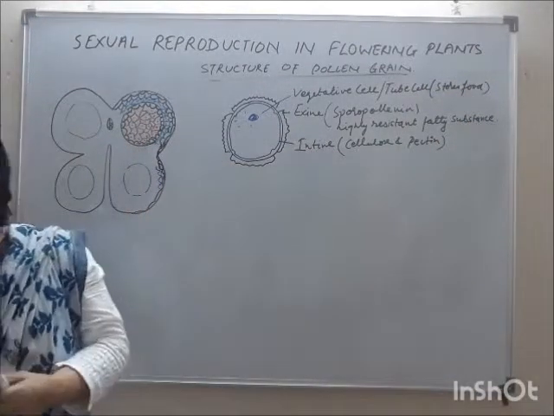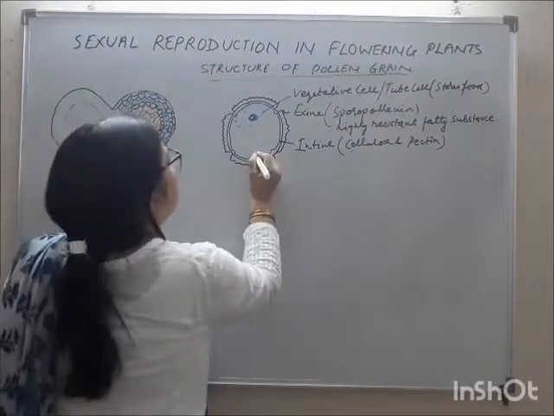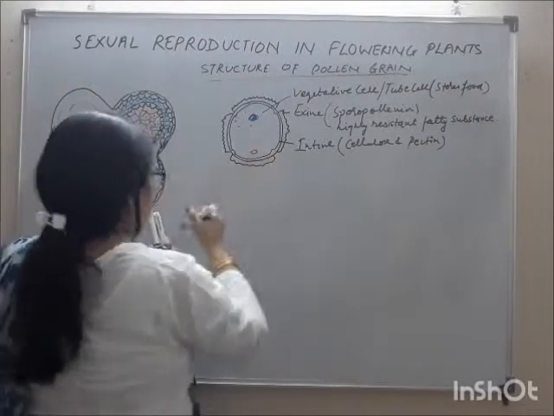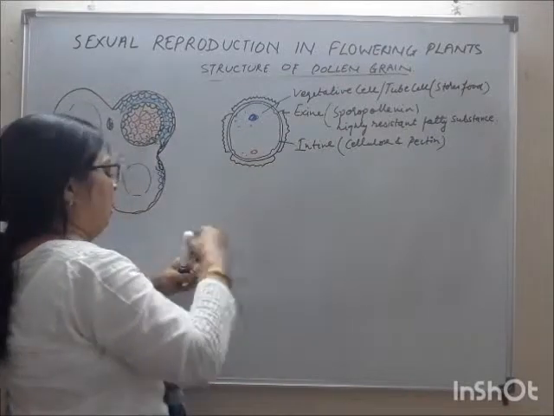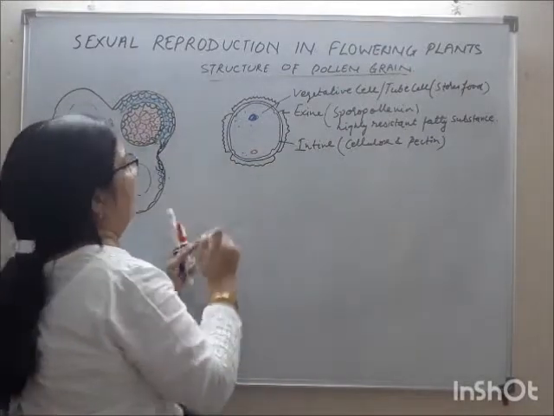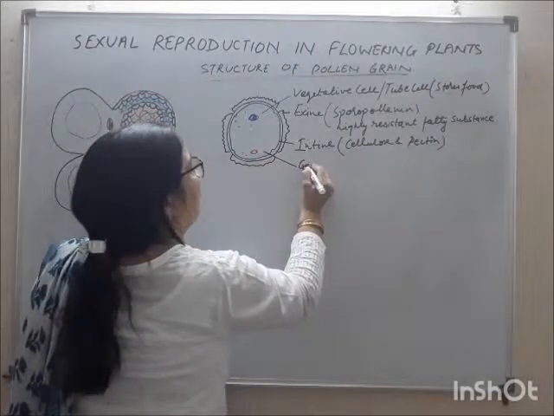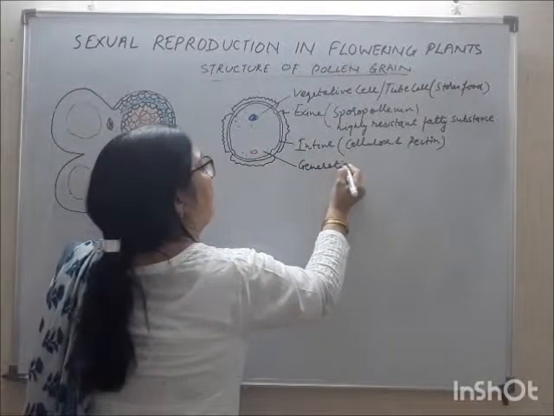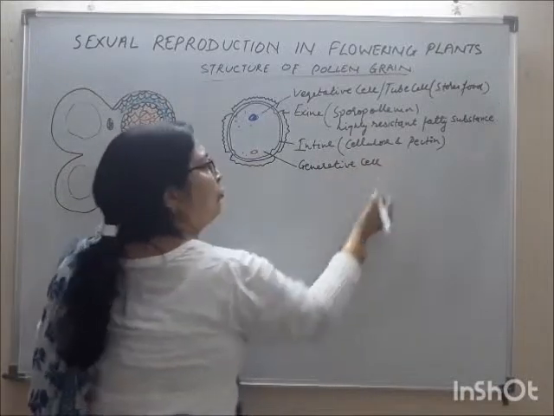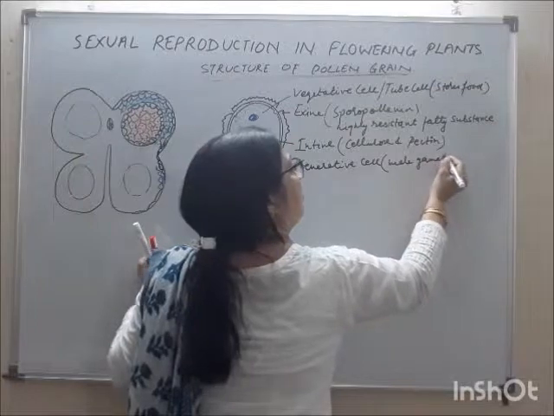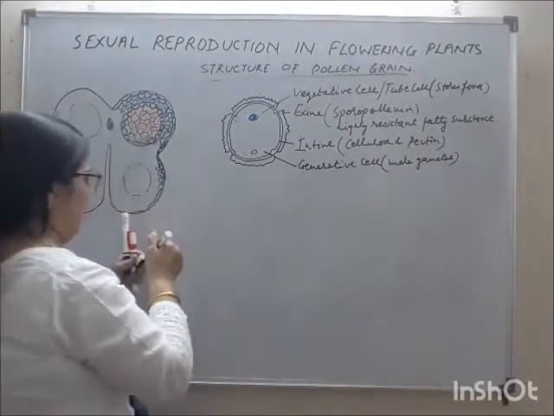And the smaller one is known as the generative cell, which produces male gametes. Clear?